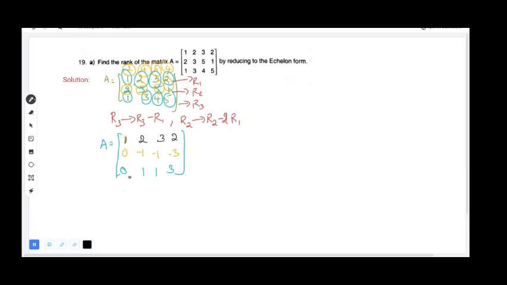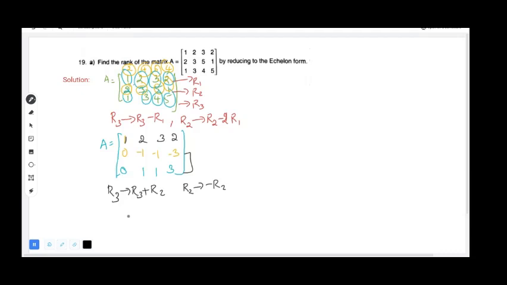Now in the next step we can see that R2 and R3 are similar but differ in sign, so we can write R3 will be R3 plus R2, then R2 will be minus R2.